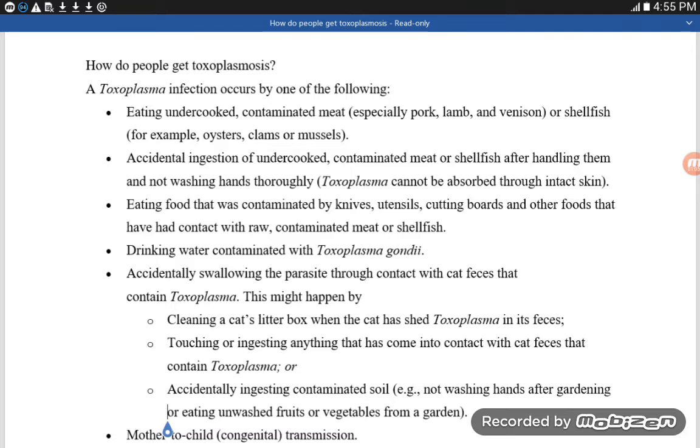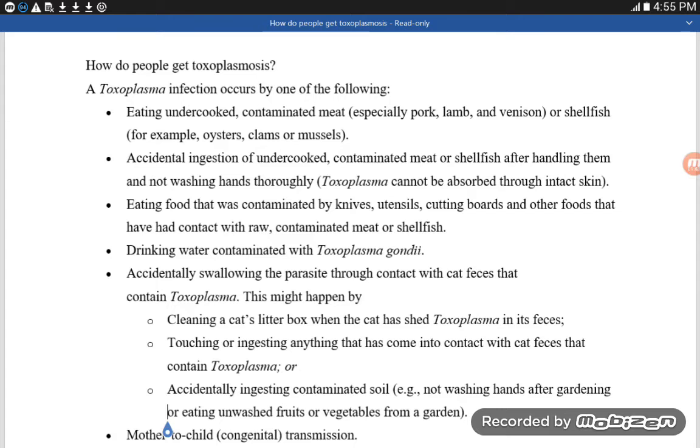Next, accidental ingestion of undercooked contaminated meat or shellfish after handling them and not washing hands thoroughly. This applies especially to people who work in pork shops or with meats or shellfish. When they are handling them, if the pork meat or shellfish contains any infective stages, we may accidentally ingest them.